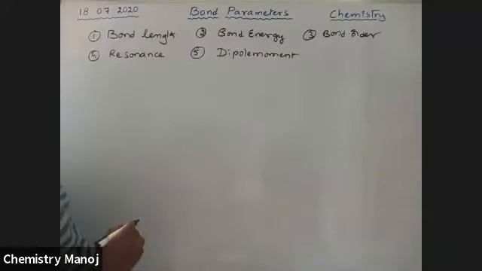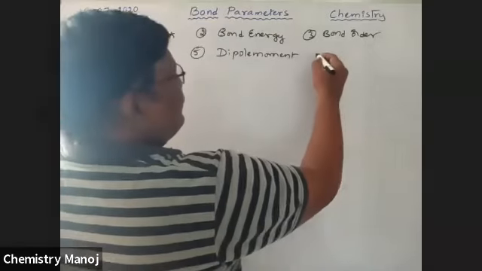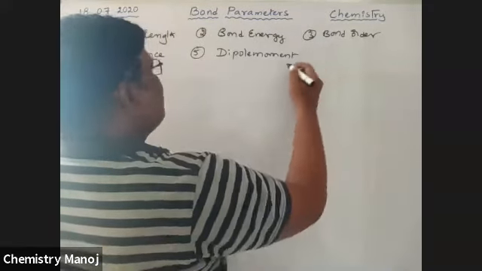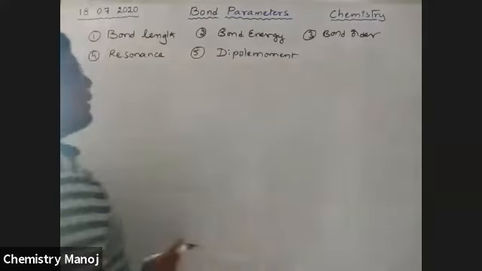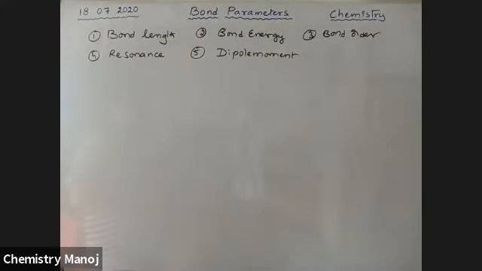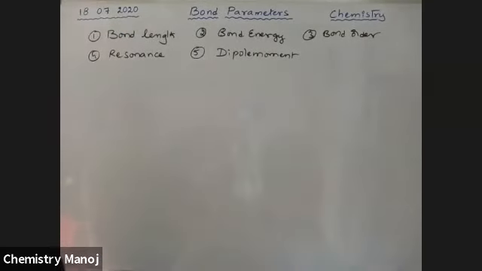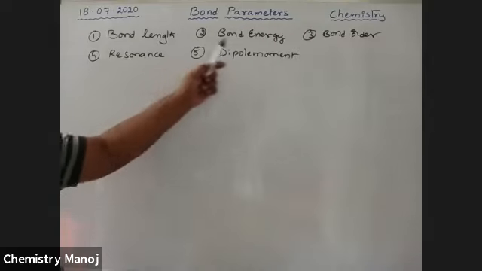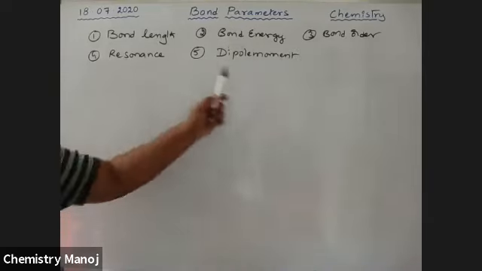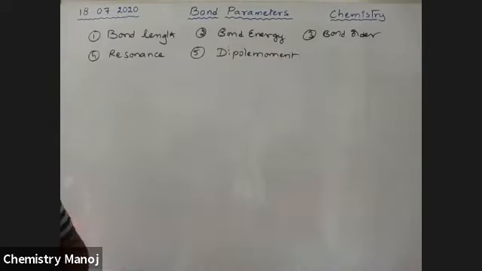Later, different bonds, that is hydrogen bond, something else in it. These are the 5 topics which come under bond parameters. We are going to discuss them one by one in detail: bond length, bond energy, bond order, resonance concept, and dipole moment concept.